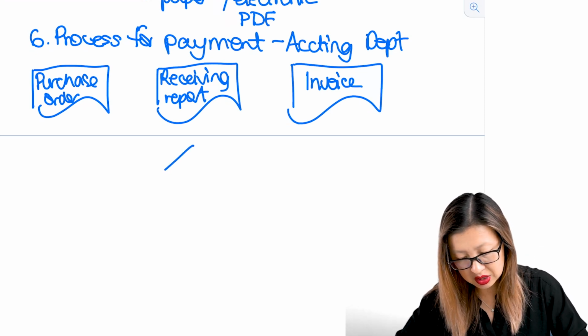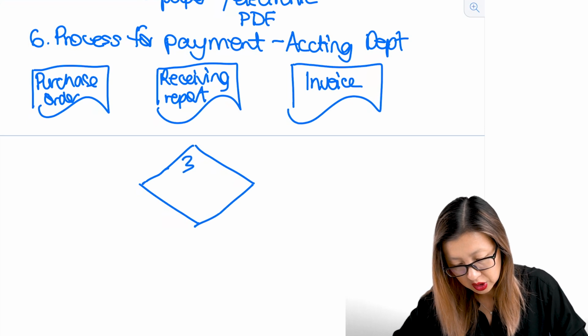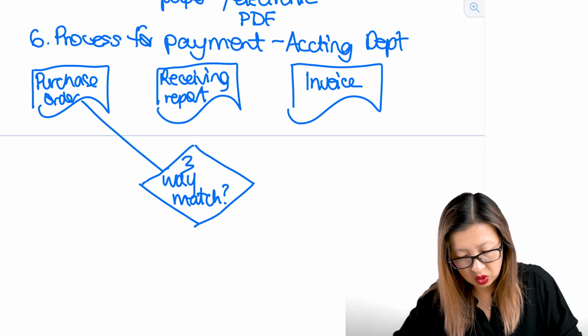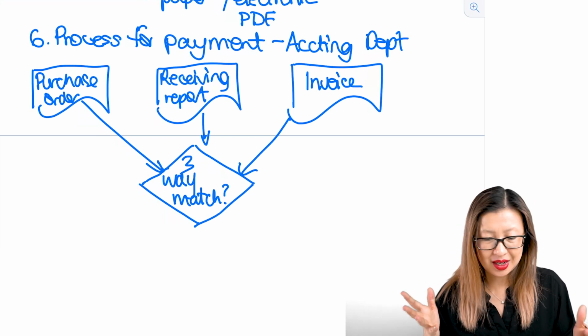All right, and typically what will happen here is a process of a 3-way match. So we have a decision process normally here. Oh, that's not a very good diamond. Let me try that again. So we do something called a 3-way match, okay? And so what we're doing is we're feeding all of these documents into this process and we're trying to find out, does it match?